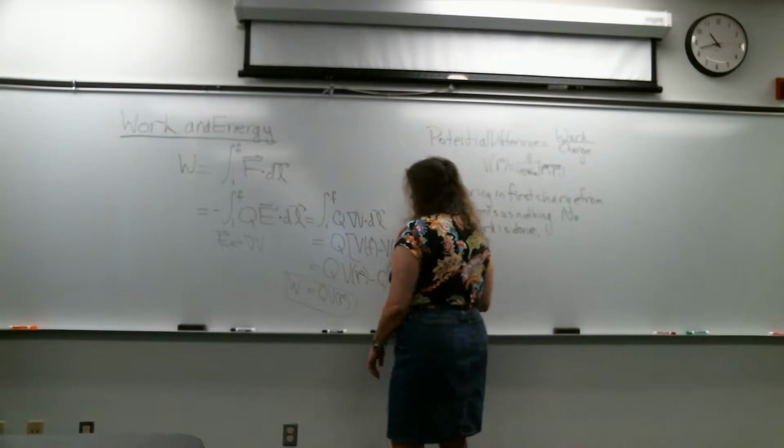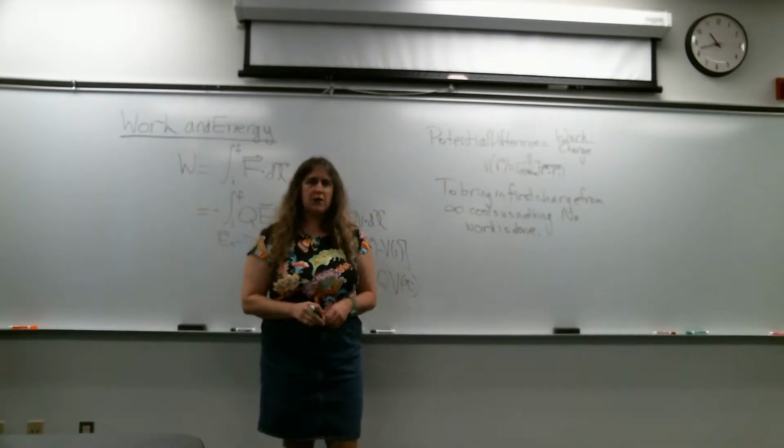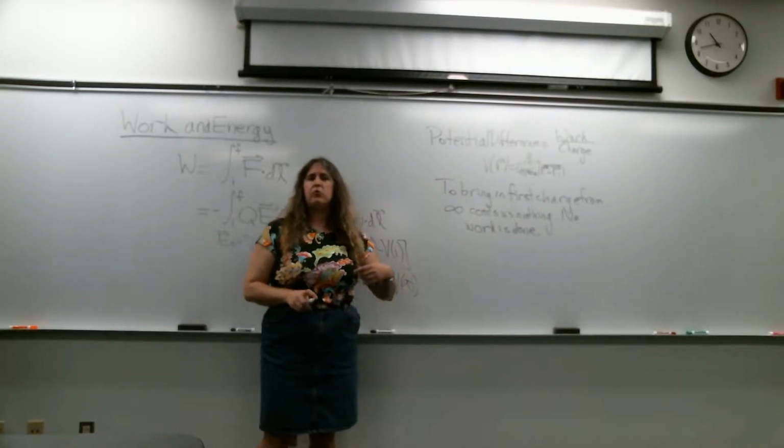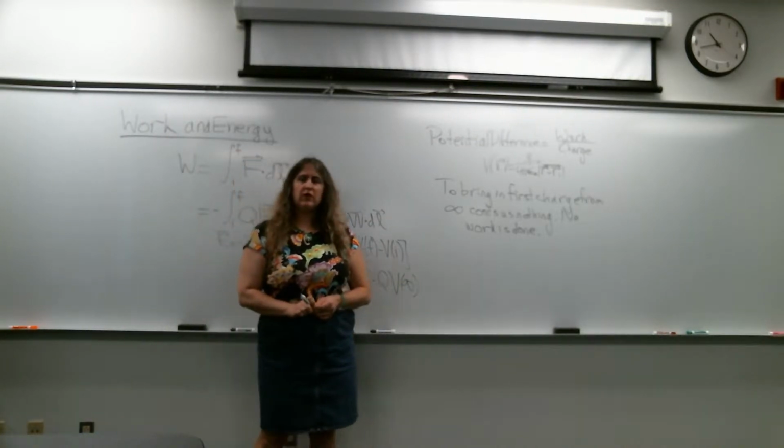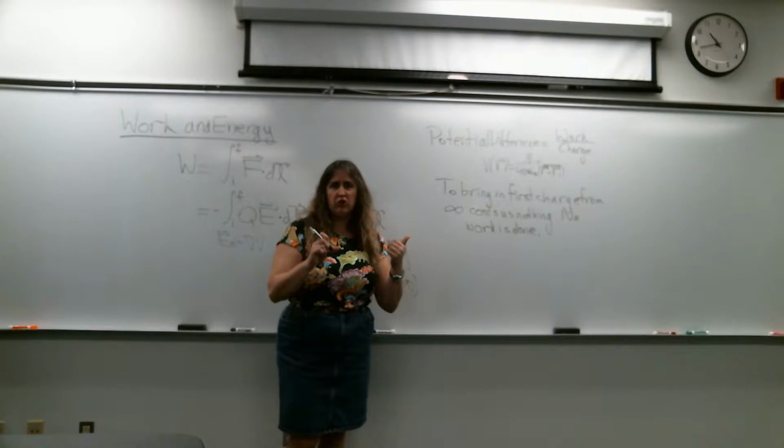How about the second charge? Now you do have a point charge. A point charge is going to give rise to potential. So I'm going to have to do work to bring that second charge in.